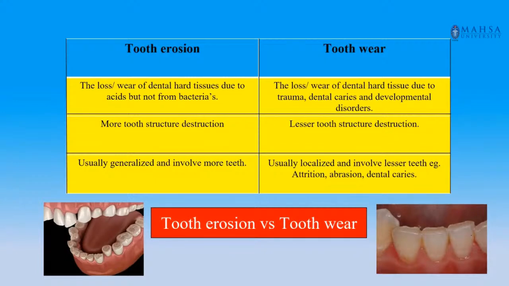Having said that, tooth wear is usually more localized to a particular region of the jaw only, and the common form of tooth wear is attrition, abrasion, and dental caries. In tooth erosion, it is usually more generalized in both upper and lower jaw, and it involves greater number of teeth as compared to tooth wear. So these are the basic ideas of the differences between tooth erosion and tooth wear.